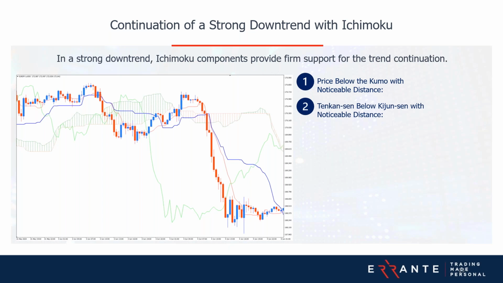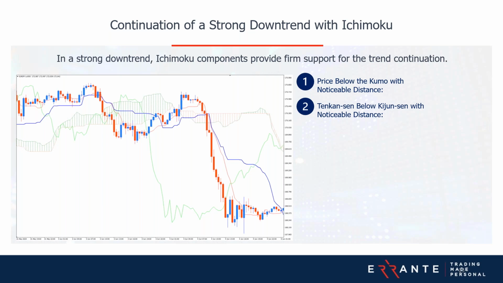Then we have Tenkan-sen below Kijun-sen with noticeable distance. It means the Tenkan-sen is staying below the Kijun-sen with, let's say, increasing distance, which can further confirm the downtrend.